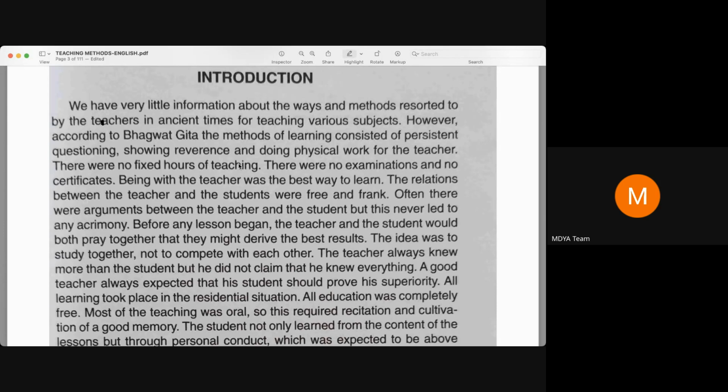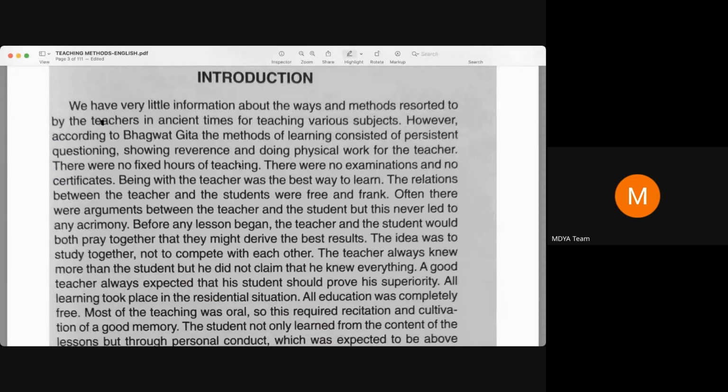So let's go through the introduction part. In the ancient times also there were yoga practices, there were schools, institutions or gurukuls where this education was given by the sages or the munis.